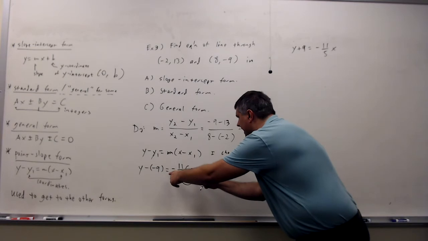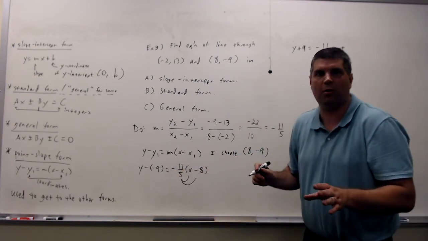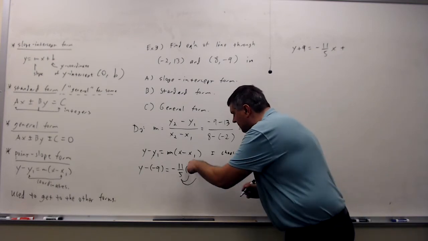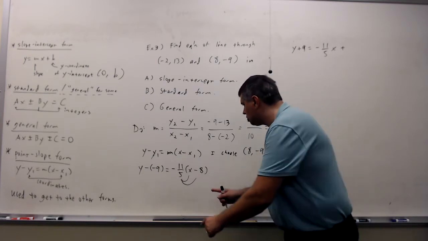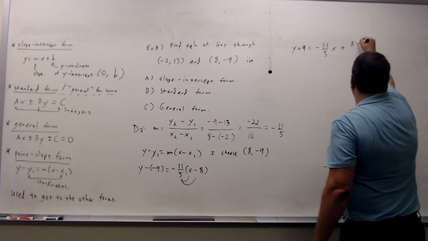Okay, a negative times a negative is a plus. And when you're multiplying like this, folks, you take the whole number times the numerator and put it over the denominator. That's the simplest way to explain this. So I'll take 8 times 11, that's 88, and put it over the 5.